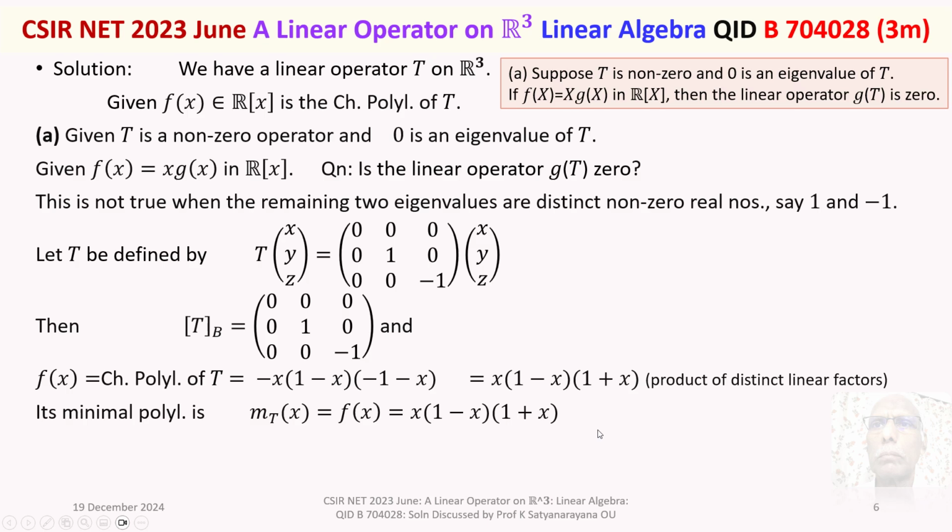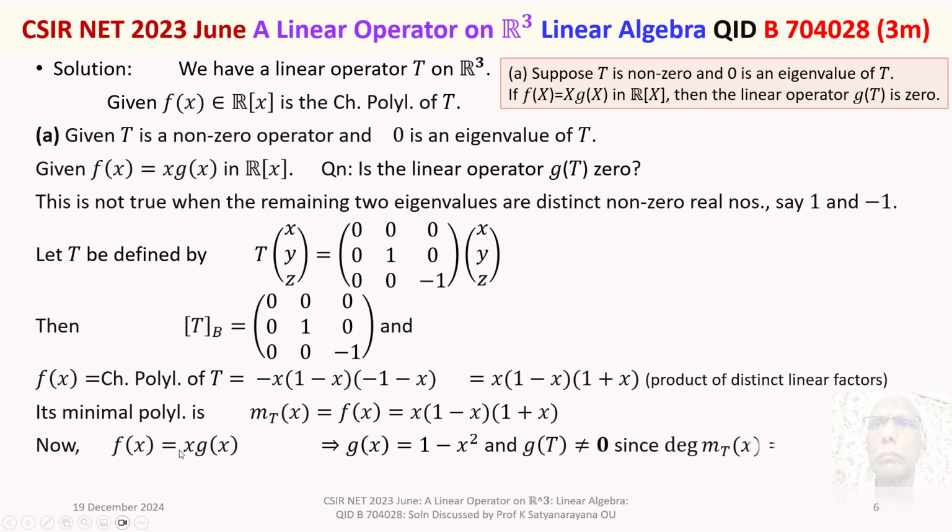Agreed? Agreed. Now, it is given f of x is equal to x times g of x. Then what will be g of x? x times g of x. So, g of x will be 1 minus x into 1 plus x, that is 1 minus x square.